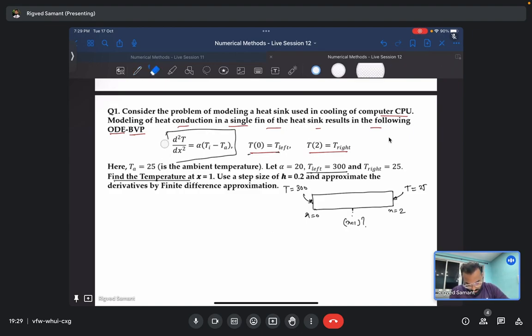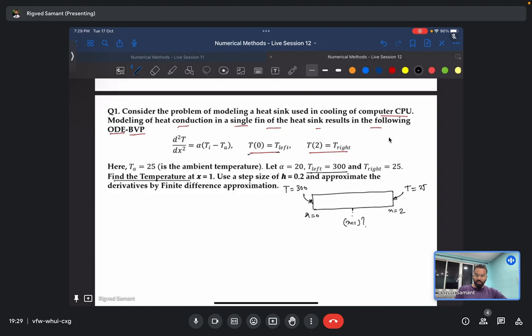The order of the ordinary differential equation is higher. Heun's method, RK method and Euler method are applicable for a first order ordinary differential equation. For a second order, we can still use them. We will see that in the next question.